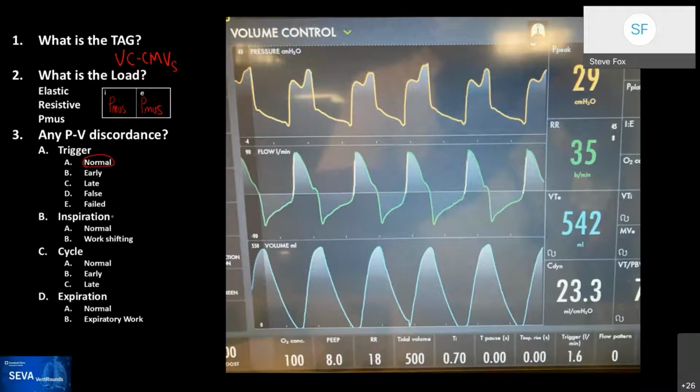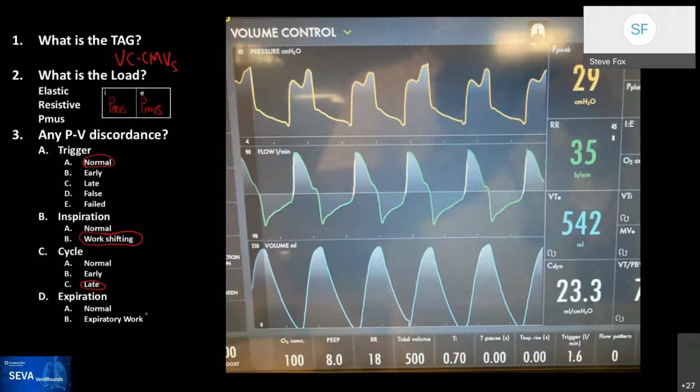As far as cycle goes, the pressure waveform does deflect upward a little bit at the end. In terms of whether we'd be better off with a shorter I time or a longer I time, we might be a little bit better off with a shorter I time, because that would enable us to give a little more flow earlier, which would reduce the work shifting. So I'm going to go with a little bit of a late cycle, but I don't think it's too bad.